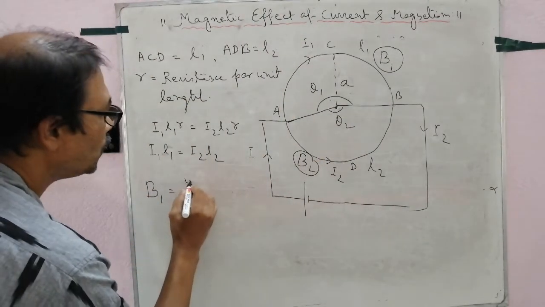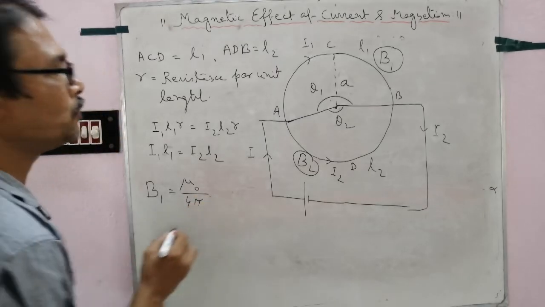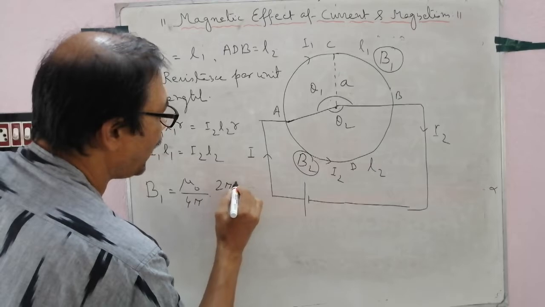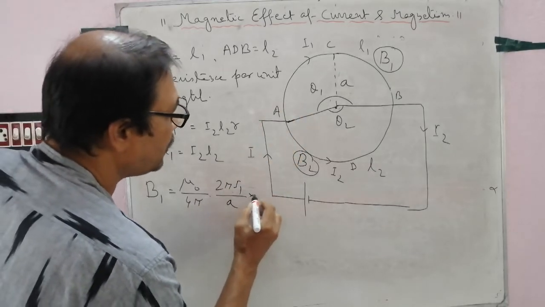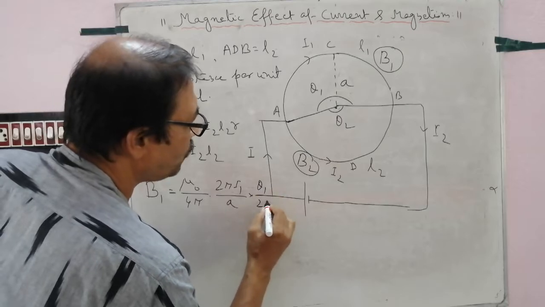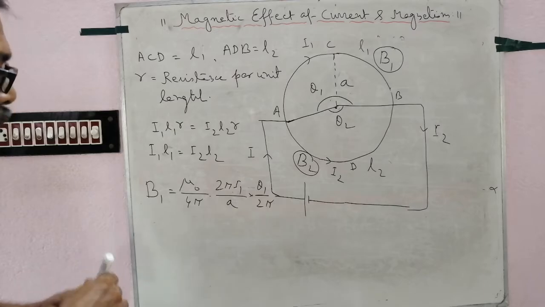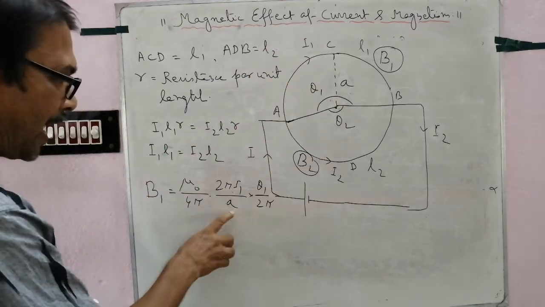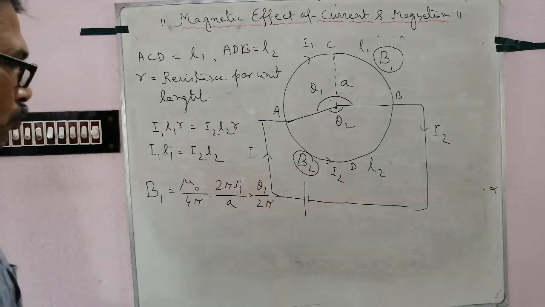B1 equals mu naught by 4 pi into 2 pi I1 by A into theta 1 by 2 pi. Clear? For the total circle it is 2 pi I1 by A, and by the unitary method for angle theta 1 we multiply by theta 1 by 2 pi.